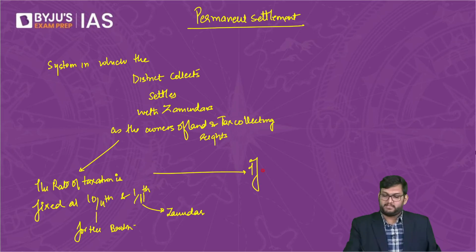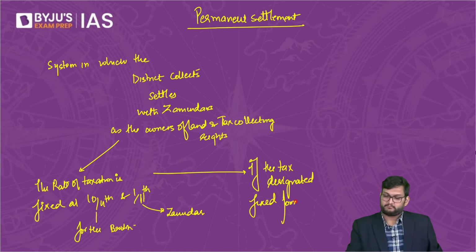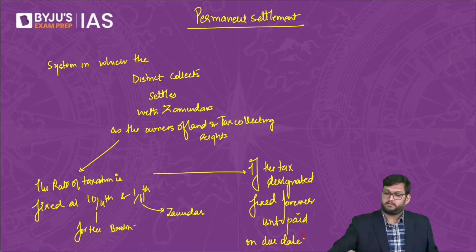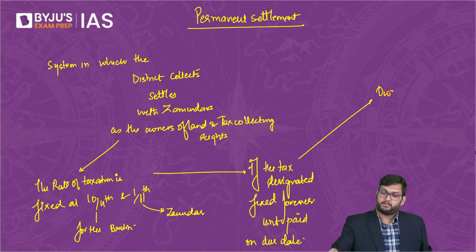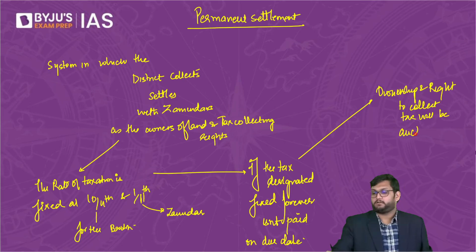If the tax designated and fixed forever isn't paid on due date, ownership and right to collect tax will be auctioned to the next highest bidder.